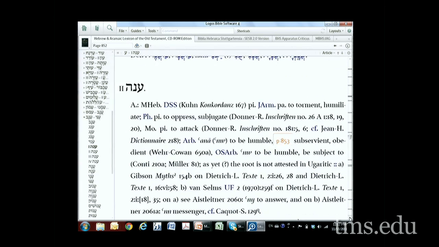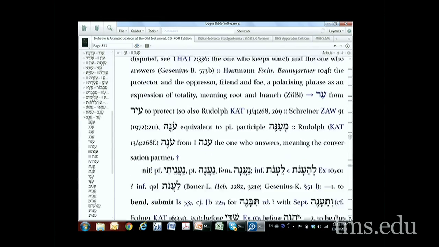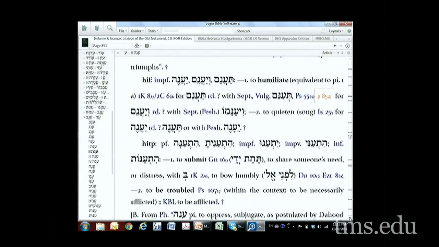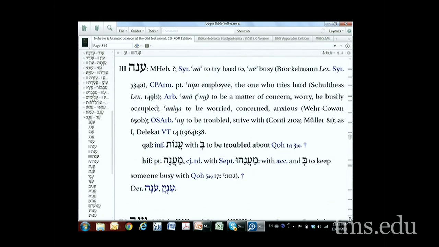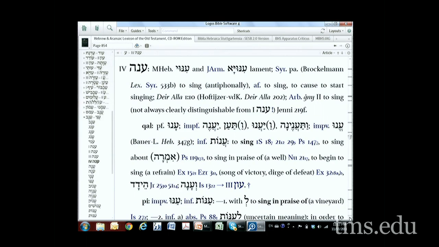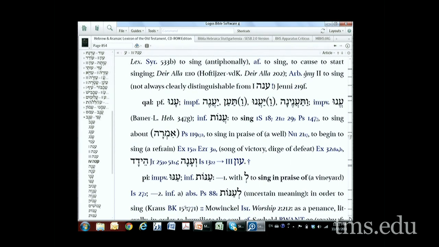Then you have Anah 2 that can have the idea of to be wretched, emaciated, to cringe. You have Anah 3, should be coming up down here somewhere. You have Anah 3, another homonymous root that means to be troubled. And you have Anah 4, and this is one that has the idea of to sing a refrain or to give a response.